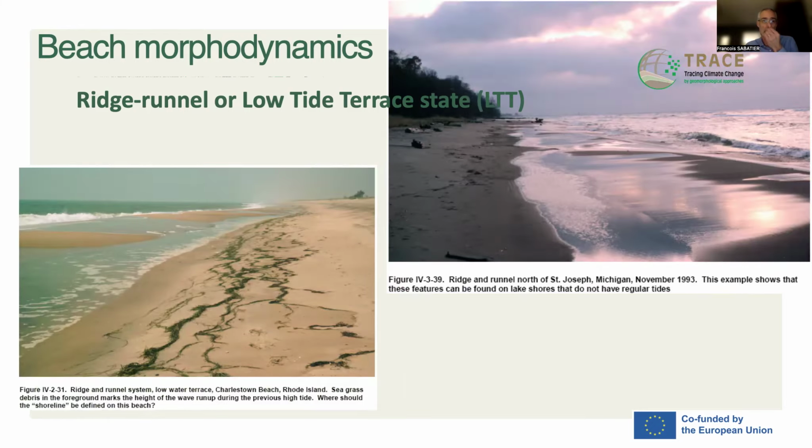In some pictures on the left, you see this horizontal part is the terrace, and we are probably at low tide, and the waves are breaking here. The water is coming into the runnel, and then probably is moving along the shore that way and returning to the sea. The same in these right photographs, where this part is the terrace and there is a little runnel in this.